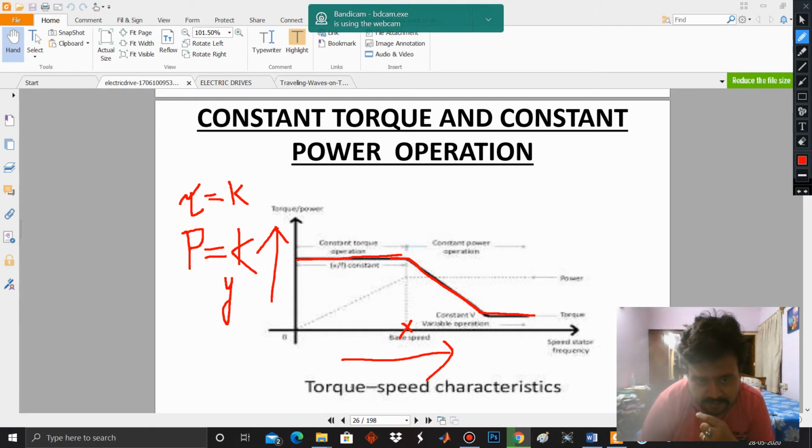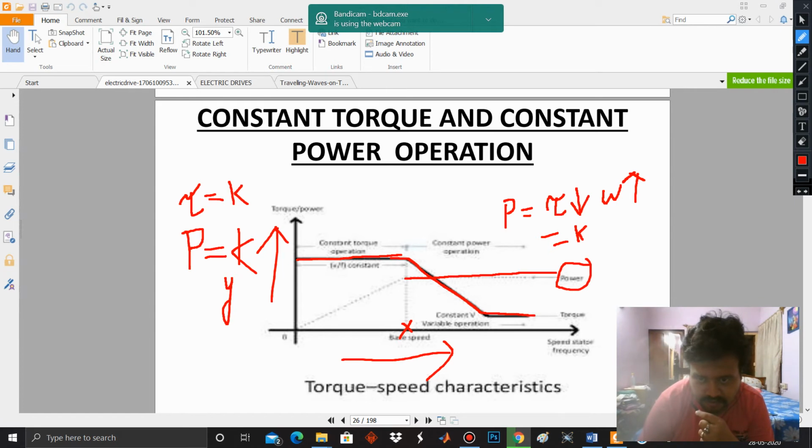And here you see the power is represented by the dotted line. So here if the torque is reducing, the speed will be increasing now. So torque is reducing, and above the base speed the speed is increasing. So power is equal to constant. So this region is the constant power region.